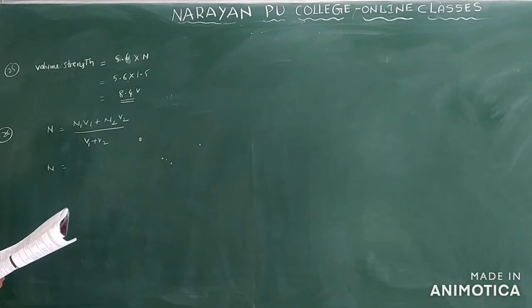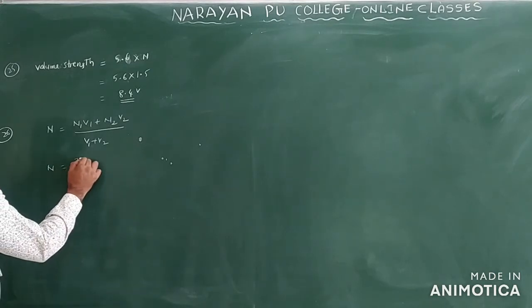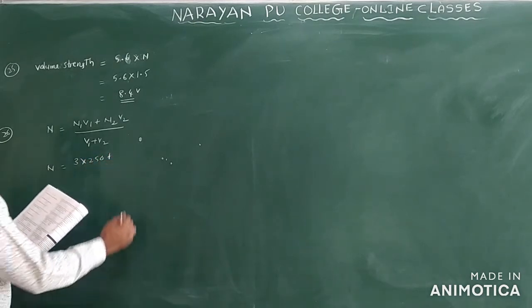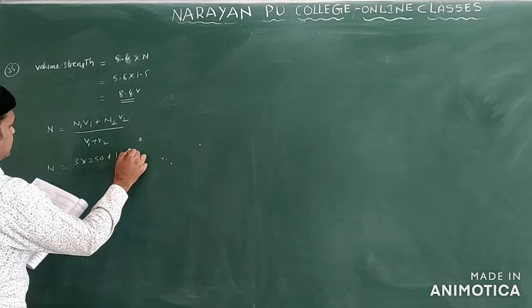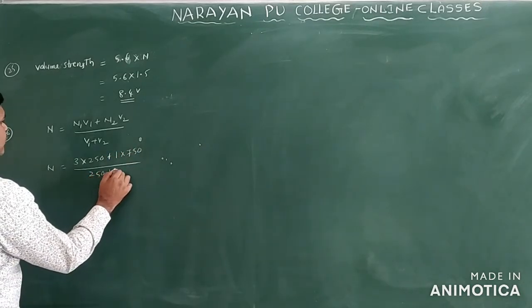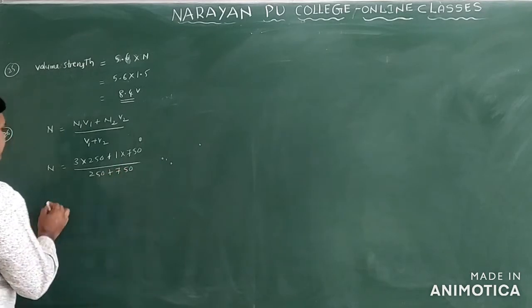So initial normality, 250 ml and 3 normal only. This is 3 into 250 plus one more normality we have, 1 into 750, by the total volume we have, 250 plus 750.